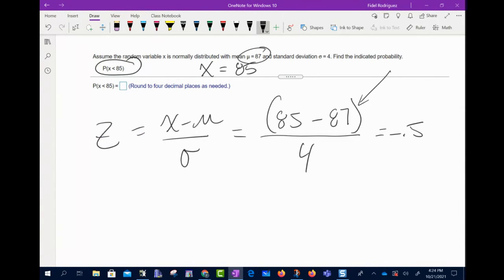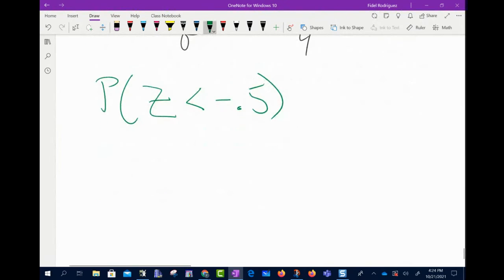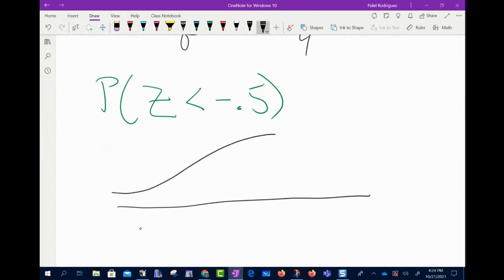Okay, so now all we're going to do is change this piece here. Instead of writing, what's the probability that x is smaller than 85, we're going to say, what's the probability that z is smaller than a negative 0.5? And this problem is just like the one that we did out of 5.1. So I'm going to draw my normal curve again, like this.